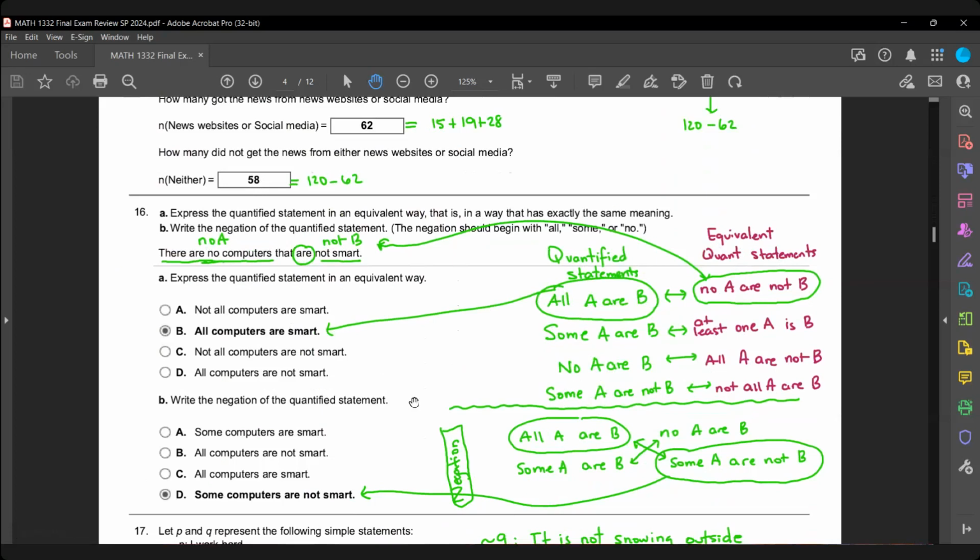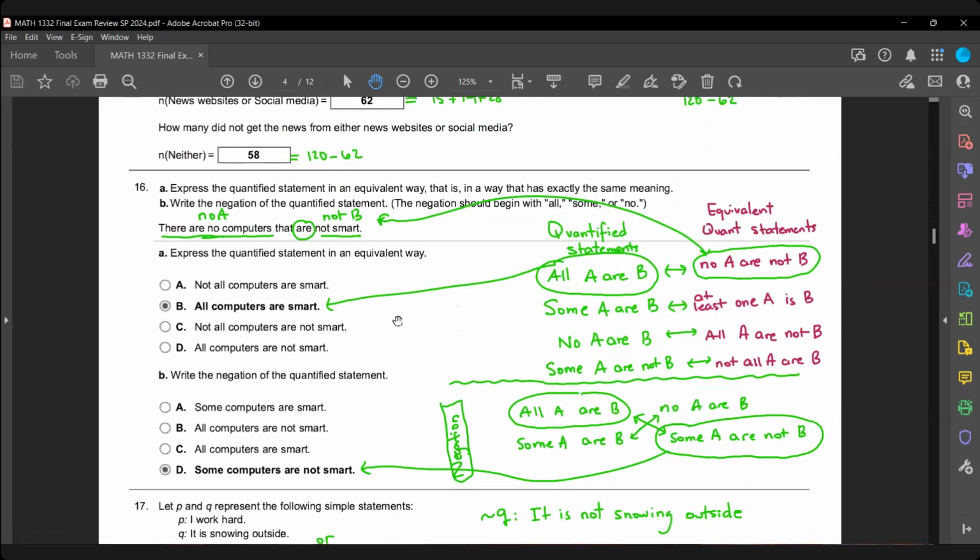What is the negation? Well, since we have all computers are smart, all A are B, its negation is some computers are not smart.